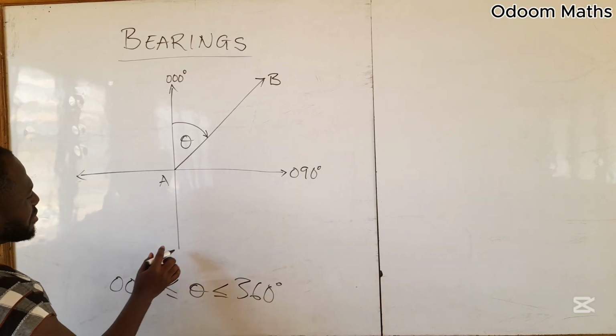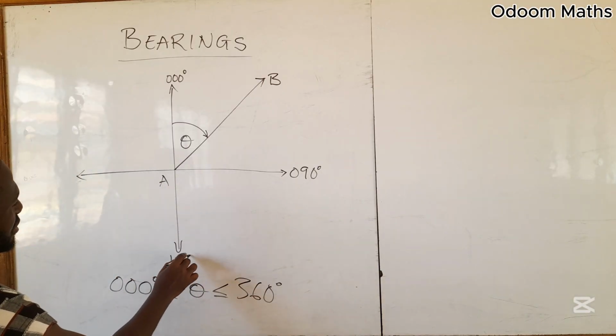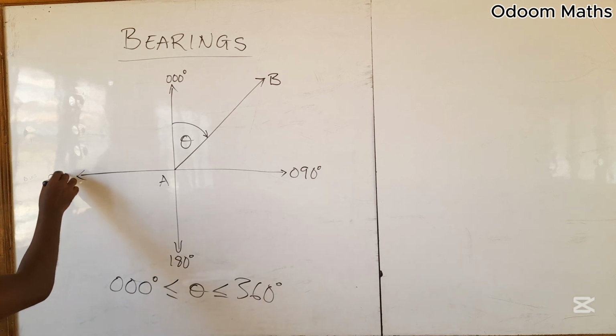Then this side becomes 180 degrees, and this side becomes 270 degrees.